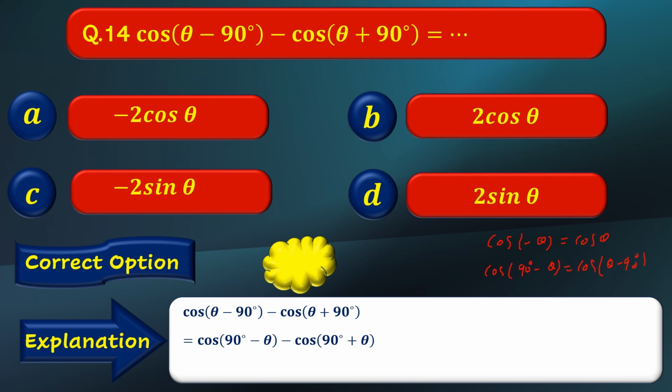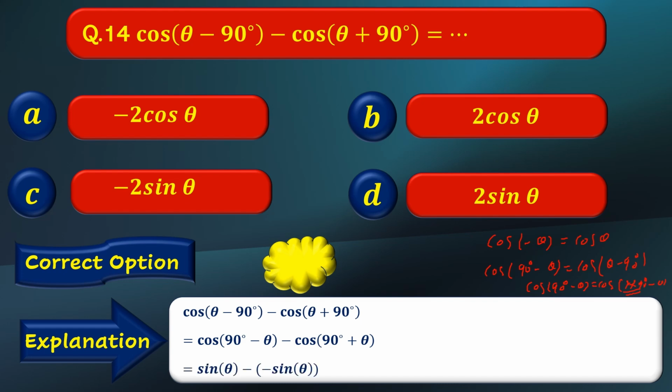Now we apply the conversion rule, and as we see that cos of 90 minus theta can be written as cos of 1 into 90 minus theta. The quadrantal angle is odd multiple of 90 degrees. Therefore, cos will change in its co-ratio.